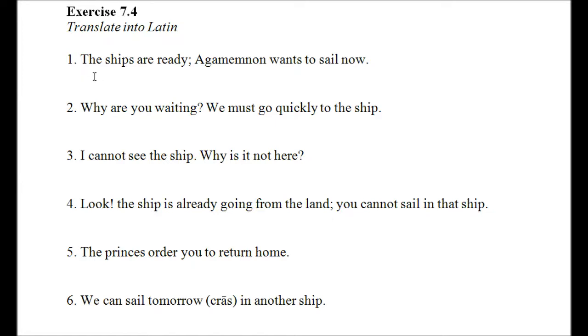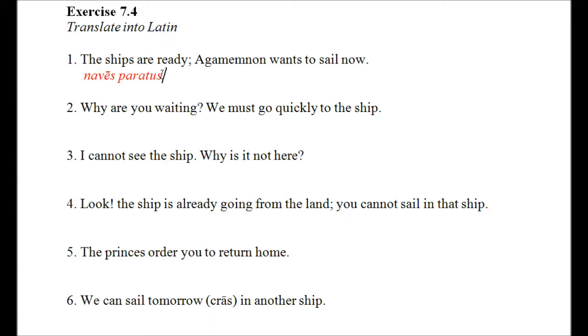The ships. Now, ship is navis. You just learned it. But we want to make it plural and nominative. That's the nominative plural of third declension: naves. Paratus is the adjective, ready. But we have to make it agree with the feminine plural.